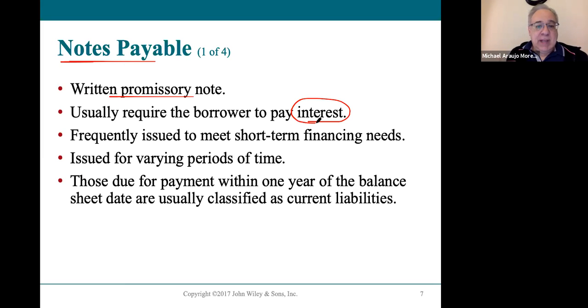However, there will occasionally be notes payable that go more than a year, in which case that would be a long-term liability. But again, most notes tend to be current. Overwhelmingly, we use notes payable for short-term financing needs, whenever we need to borrow money for a short period of time.